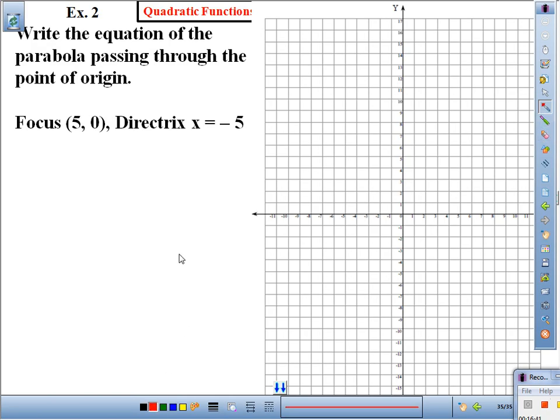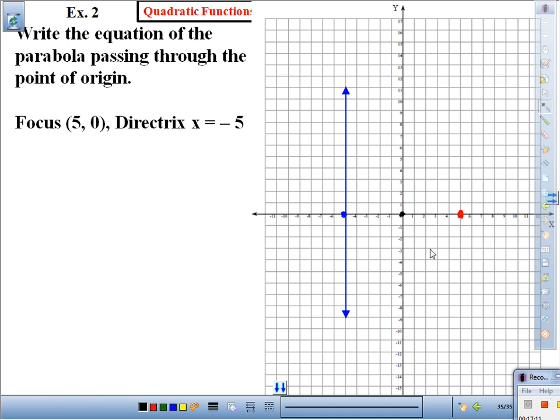So, where's our focus? 5 of x, 0 of y. Where's that at? Right there. Where's our directrix? At x equals -5. x equals -5 is right here. That means there's a straight line going through -5 of x. And of course, the point on the origin, we know it's there.